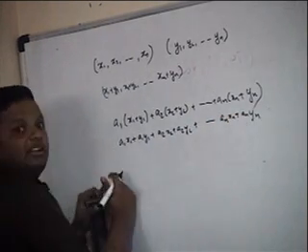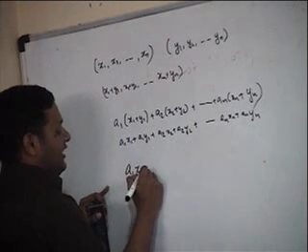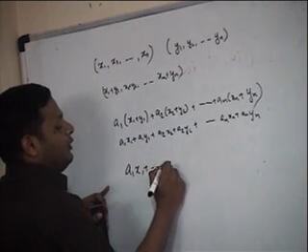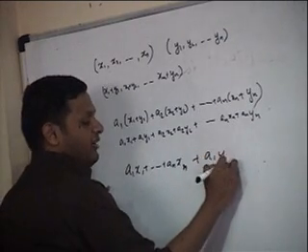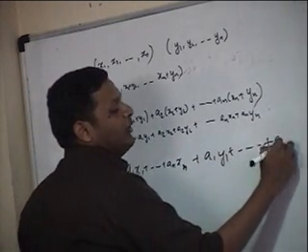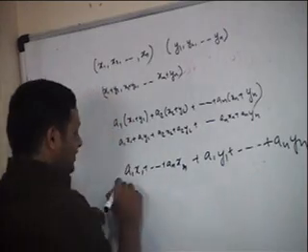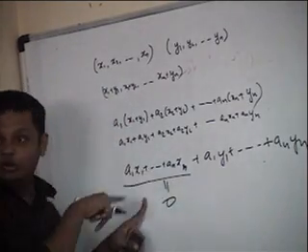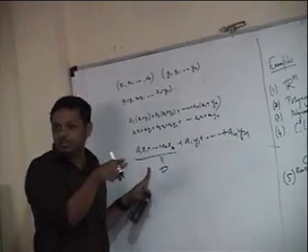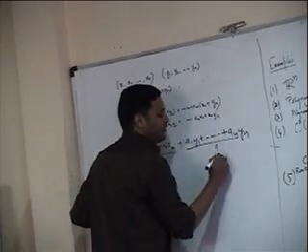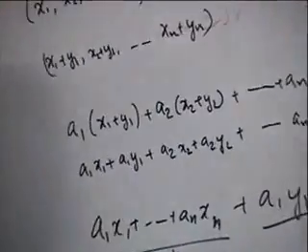Now I collect the terms. I write it as a1 x1 plus etc. up to an xn, plus a1 y1 plus etc. up to an yn. Now this is 0 because x1 to xn was a root of this linear equation. Similarly, this is also 0. So 0 plus 0 is 0. So this whole thing is 0.